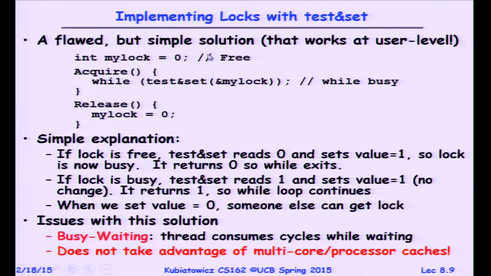Now, the problem, of course, with this is you're busy waiting, right? Those that did not successfully acquire are busy spinning and wasting processor cycles doing nothing. And the other problem is this is actually really bad for caches. Let me explain. Everybody remember what a cache is? Most of you use credit cards these days, right?